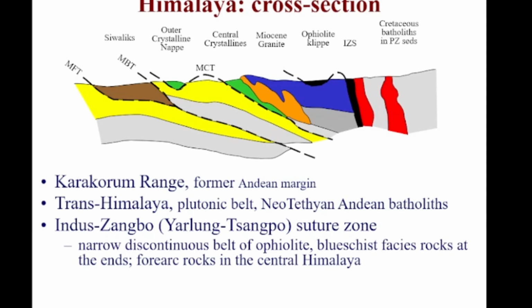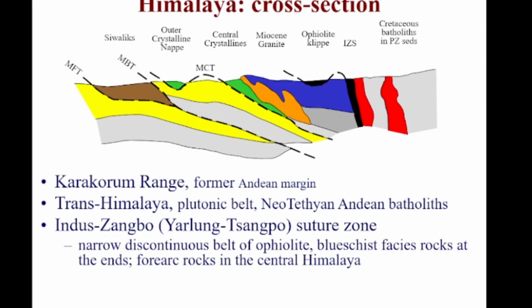This faulting is evident in those particular regions, Pakistan, India. MFT is the youngest fault, and then from south to north we have MBT, MCT, main central thrust, main boundary thrust, and in the very north we have the main Karakoram thrust.